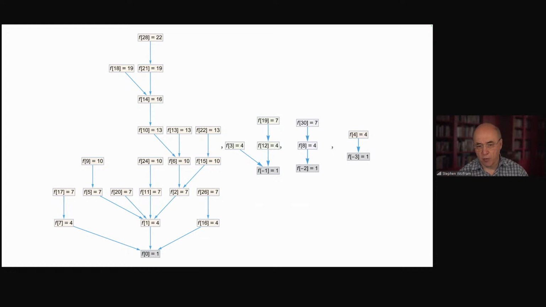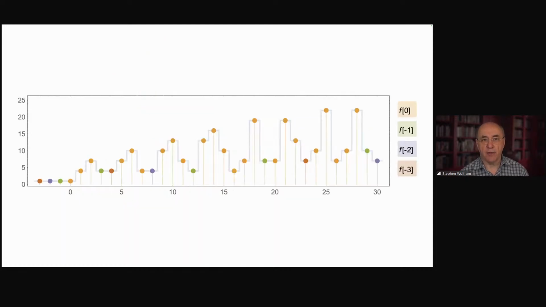F of 0 is 1, F of minus 1 is 1, etc. And for example, we can now plot the actual values of F of n, showing which tree F of n for that particular n ends up being associated with. And so that's the picture of that there.